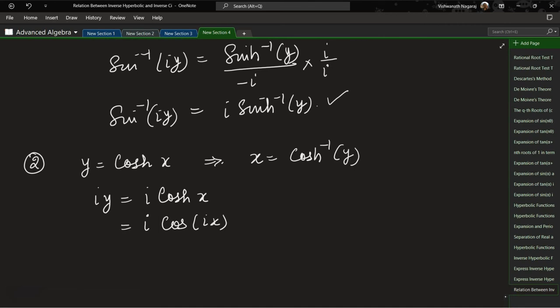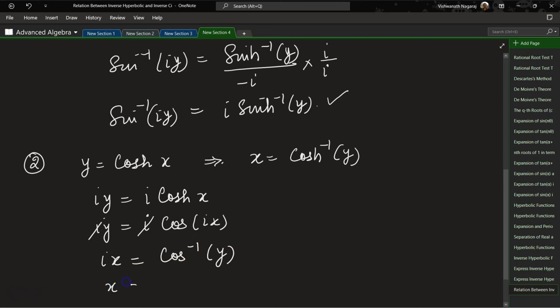Now remember, I just followed the procedure that I needed to follow in sine, hyperbolic sine. Here I continue with it. So here actually I don't require this i and i, so I'll remove it. Now I can write ix as cos inverse of y, and I can take this i to the other side.